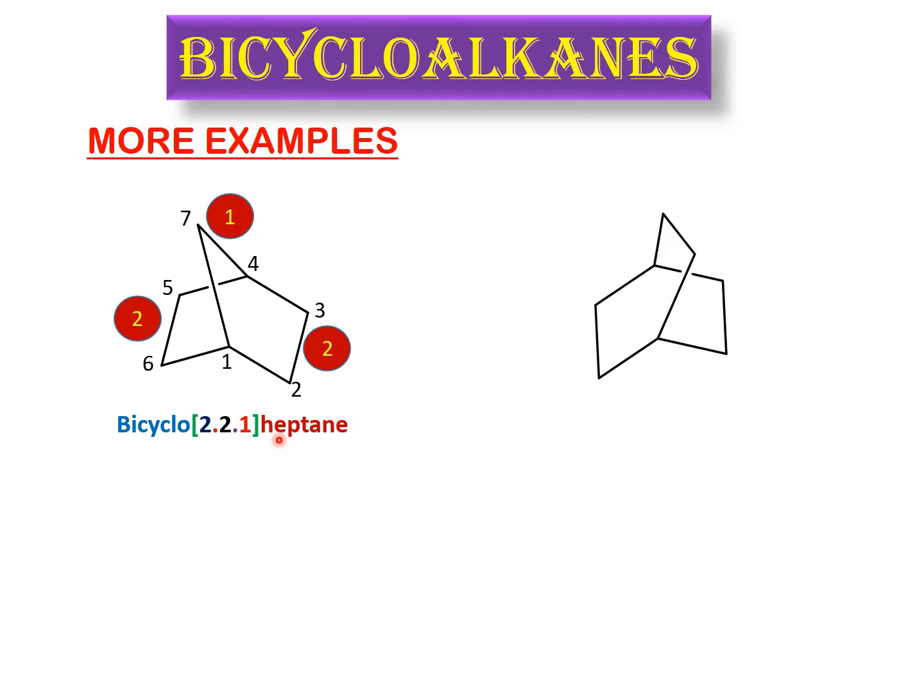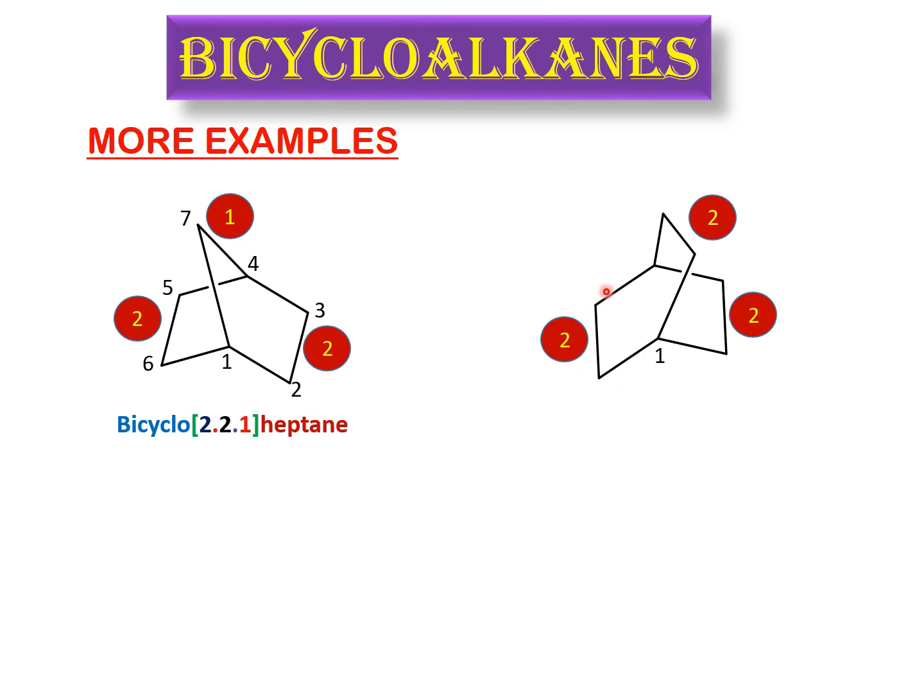Let's see another example. Now we have a bicyclic molecule. Again, it's not substituted, so you can start numbering from any of these two bridgehead carbons. So we start from here. This is your carbon number 1. Now let's see on which side can we proceed. So count the number of carbon atoms on all the three sides. On the right hand side, you can see we have 2 carbons.